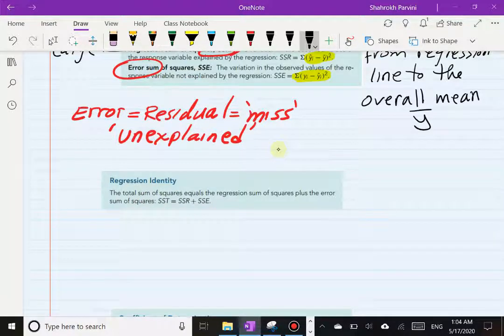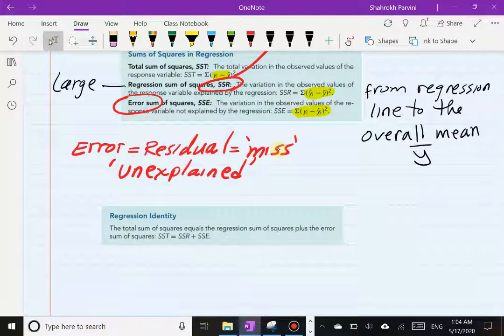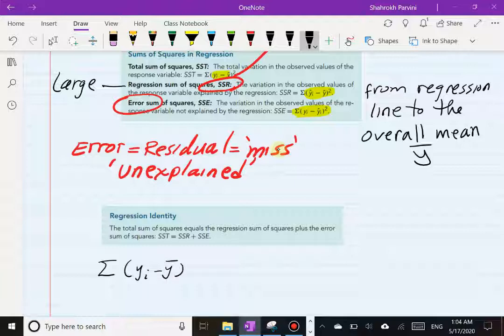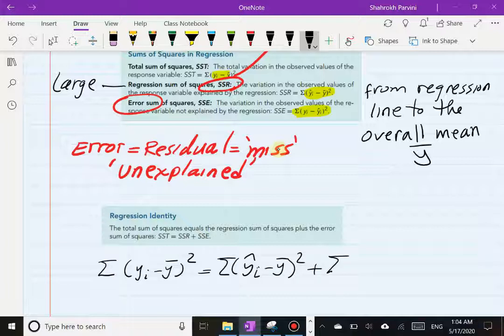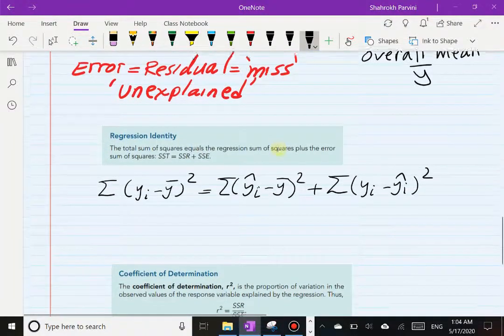And if I write that symbolically using the notation directly above the red lines, SST means sigma of yi minus y bar, squared, which is equal to the regression, sigma of y hat i minus y bar squared, plus the unexplained or residual, which is sigma of yi minus y hat i squared. Okay, and there we have it.